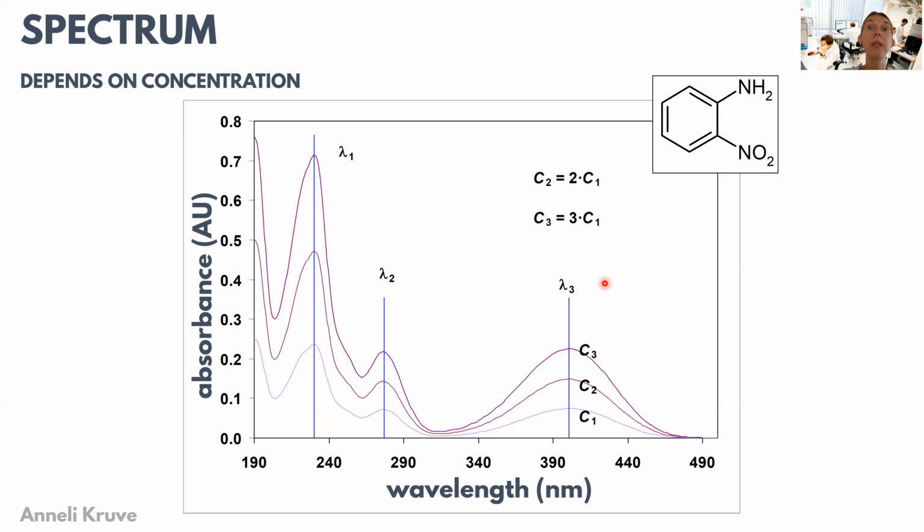Then we see that we can have very many absorption maxima here. The longest wavelength at which we have an absorption maximum is already in the visible spectrum, at about 400 nanometers. So here we made the conjugated system even larger. We added electron donors to the system, and the wavelength of the absorption maximum shifted to a larger wavelength.